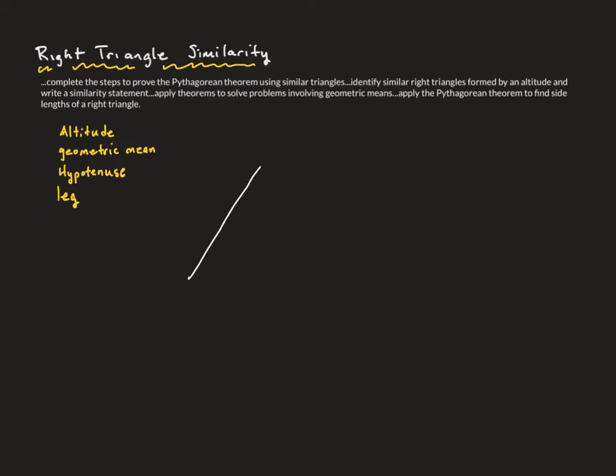All right, so let's see, a vertex. If we have a right triangle, I have a vertex right here. And then let me go ahead and finish up my right triangle. And what it's telling me is a perpendicular segment.